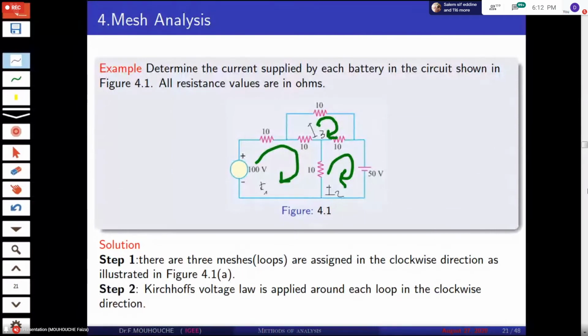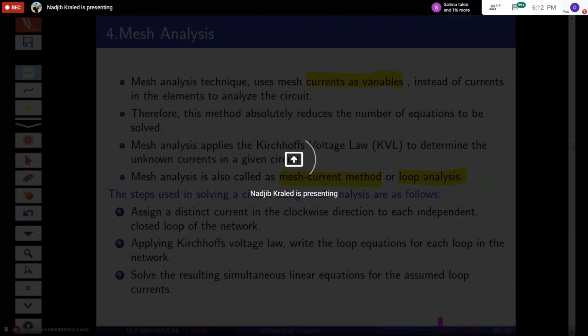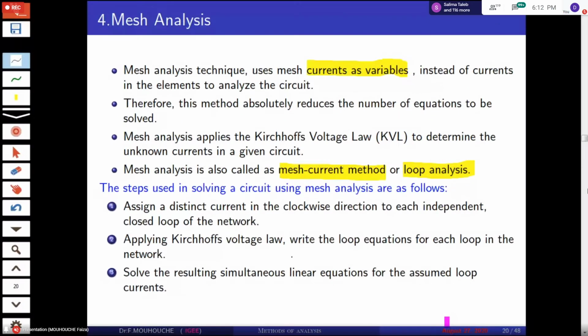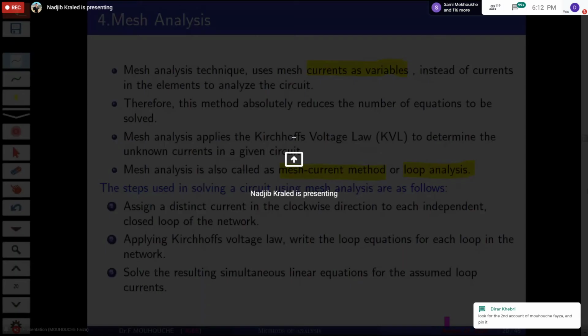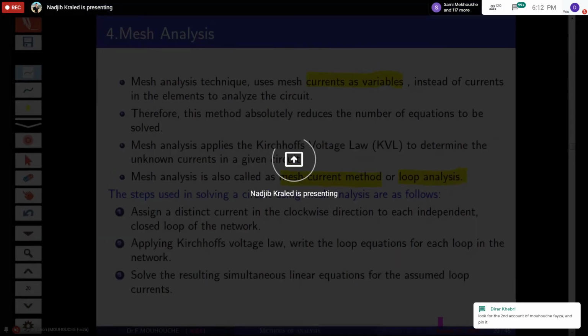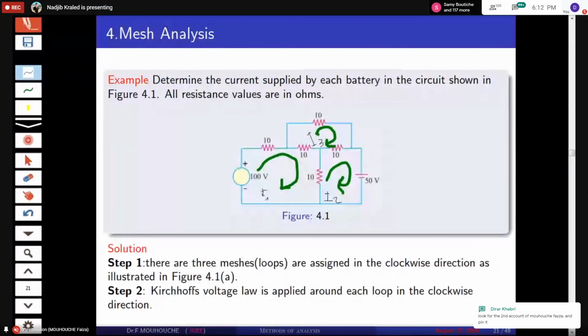So we return to the steps. This is the first step. The second, apply Kirchhoff's voltage law and write the loop equation for each loop in the network. Then solve the resulting simultaneous linear equations for the assumed loop currents. In this example, as I said, we have 3 loops.